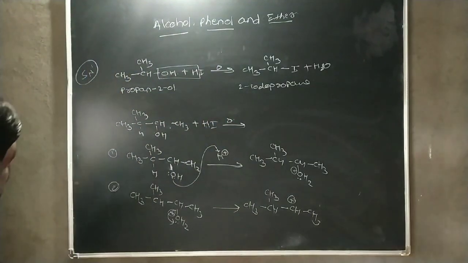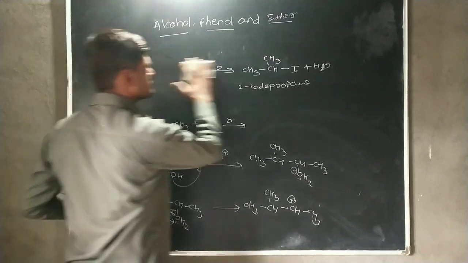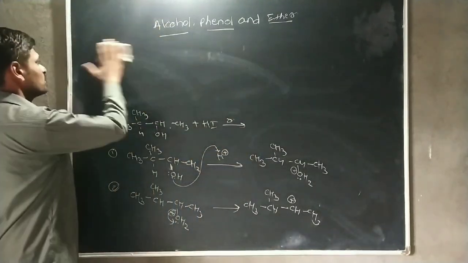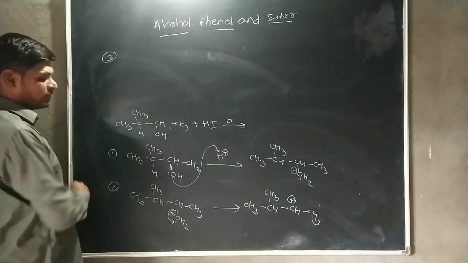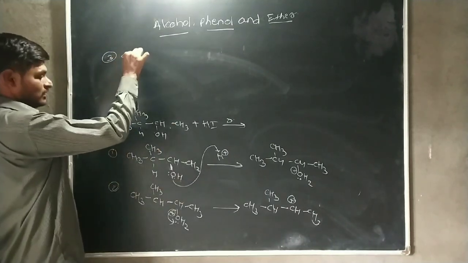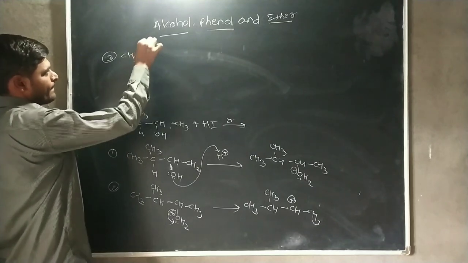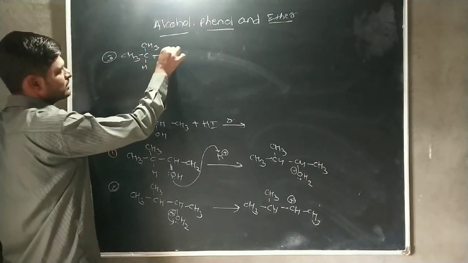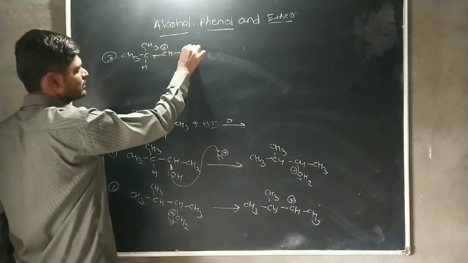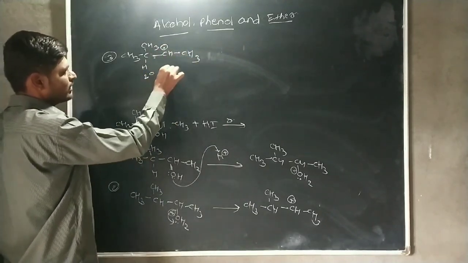Okay. Then after formation of the carbocation, now we come towards the third step of the mechanism. This hydrogen is drawn in this form, then CH plus is here, then CH3, and there is a formation of a secondary carbocation.